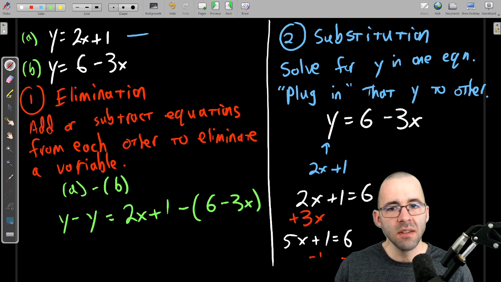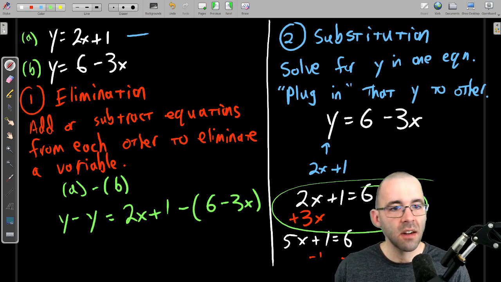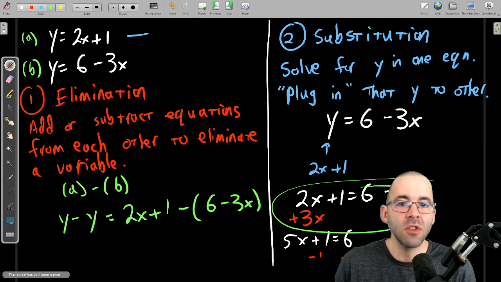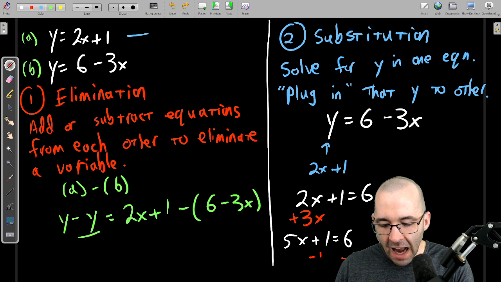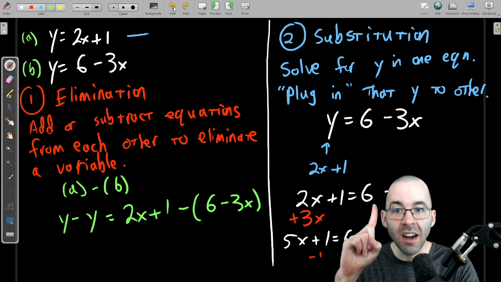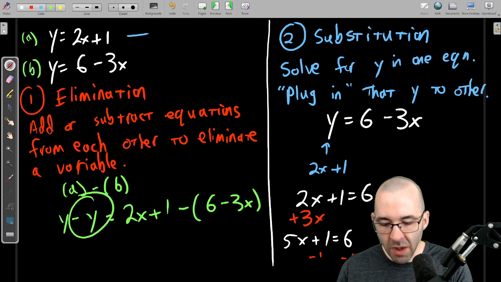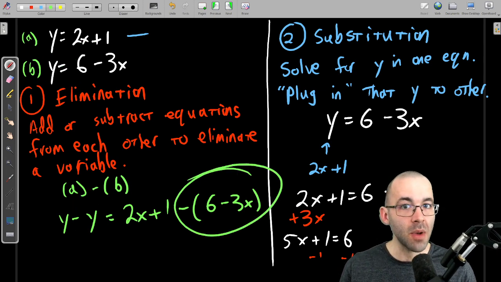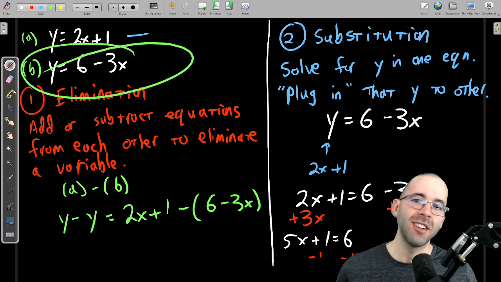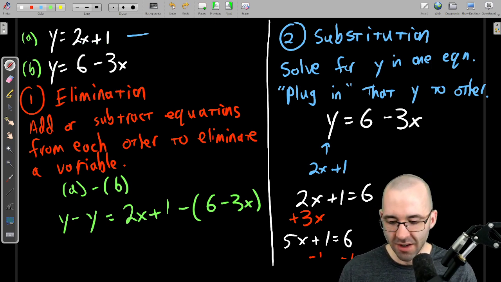And the reason we can do this is the same as what we did over here: we can add or subtract whatever we want from both sides of an equation as long as they're the same. And these two quantities that we're subtracting are the same because y is the same thing as 6 minus 3x. So we are subtracting the same thing from both sides. They look different, but we know they're the same because y is the same thing as 6 minus 3x. That's what equations are all about.